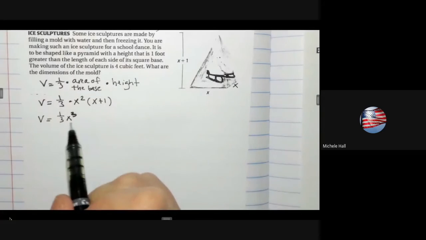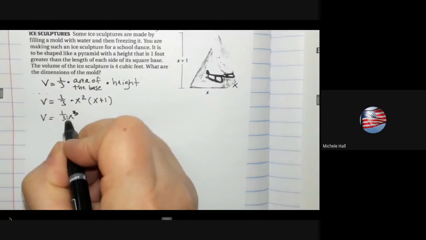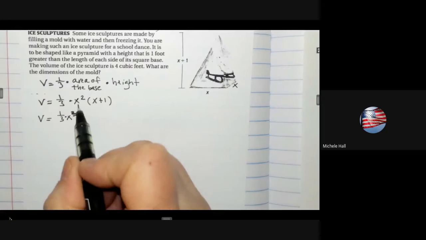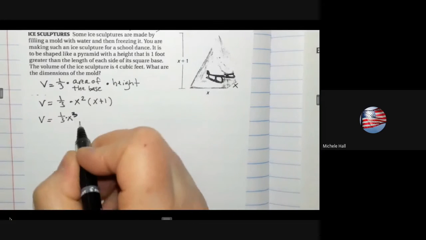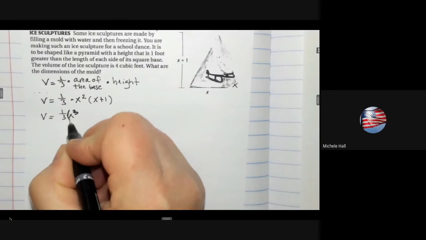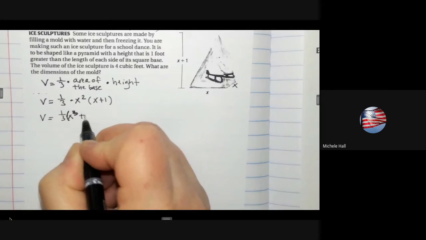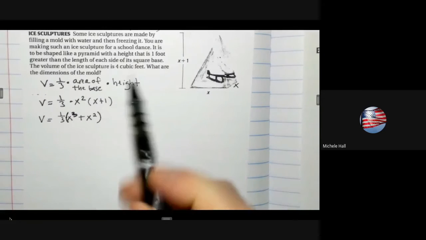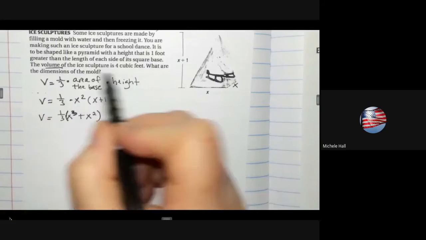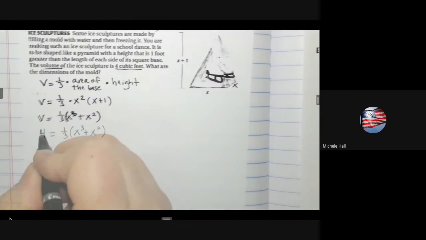We have 1/3 times x squared times x, and then x squared times 1. We know that the volume is 4 cubic feet.